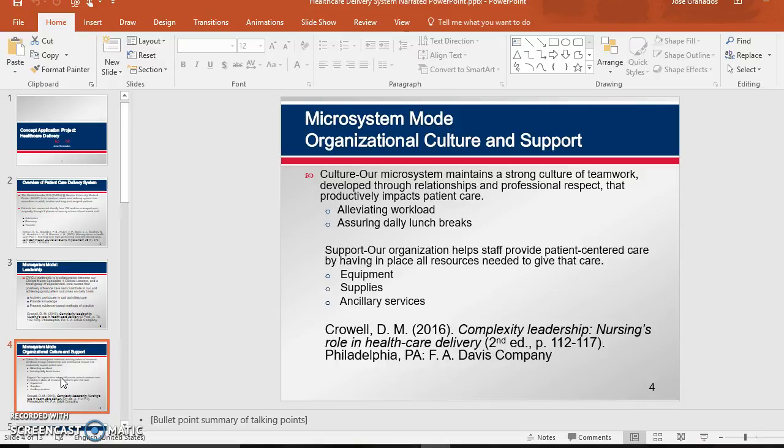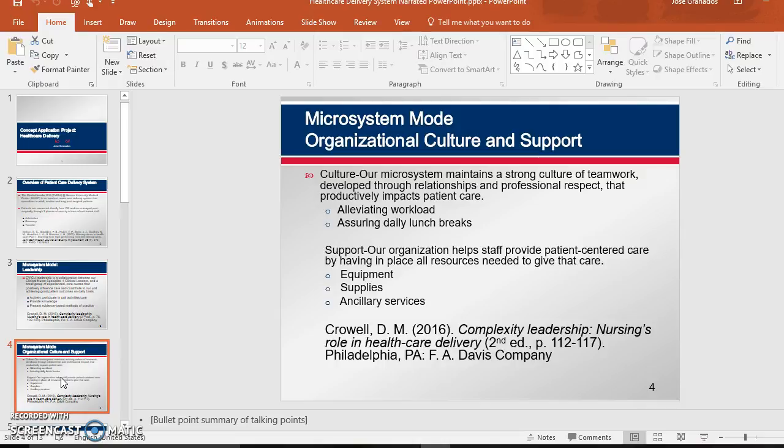We help each other alleviate workload when a nurse might be overwhelmed, and we also make sure that everybody has their daily lunch breaks every day. The second aspect of this slide is the support.